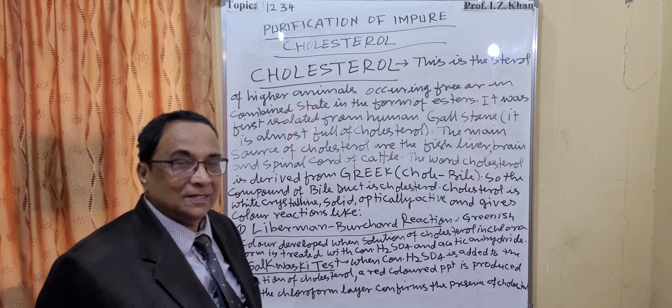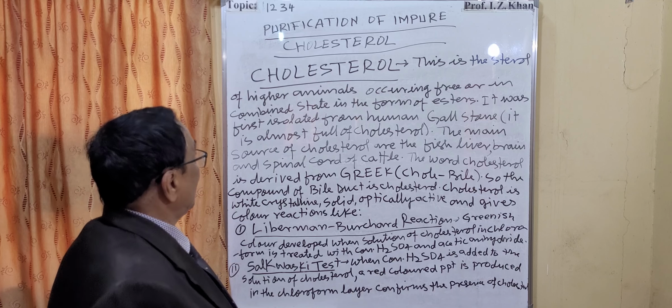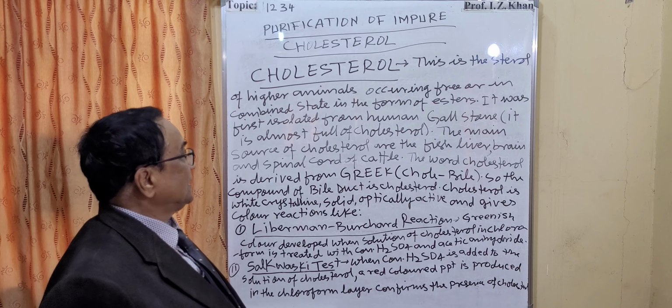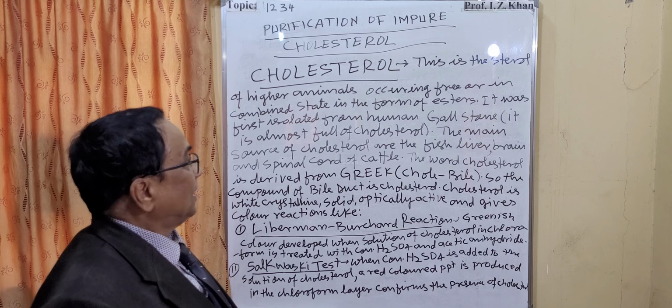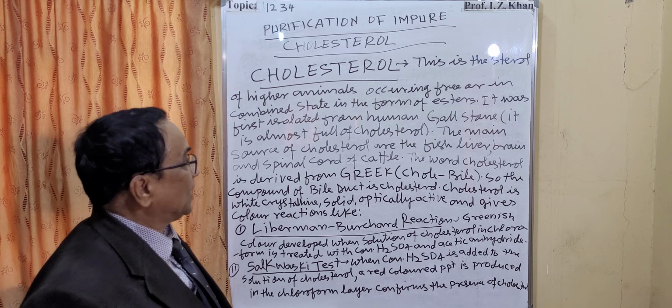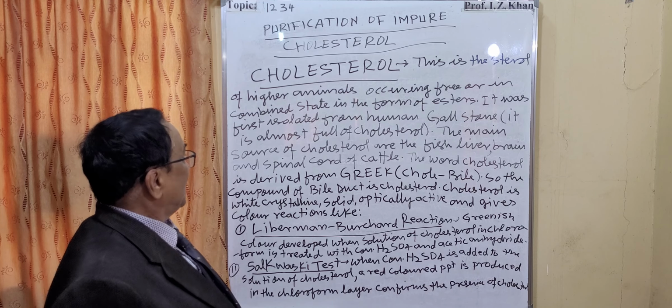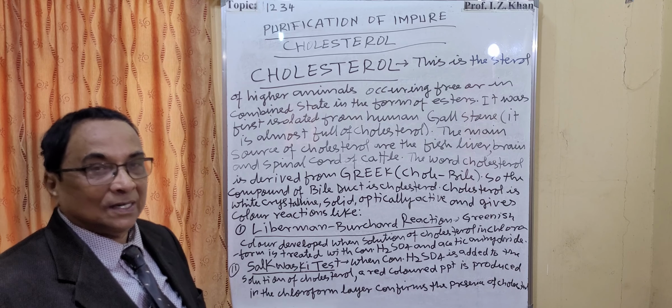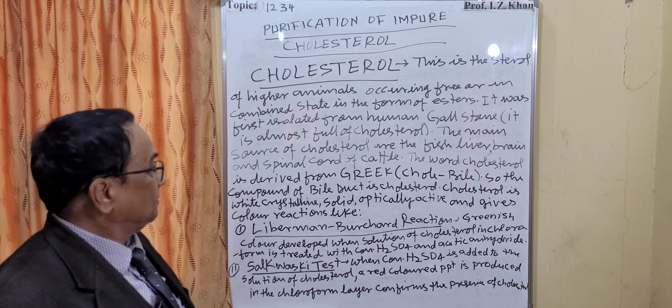Cholesterol is an animal product of higher animals, occurring free and in the combined state in the form of esters. It was first isolated from human gallstone, which is almost full cholesterol.